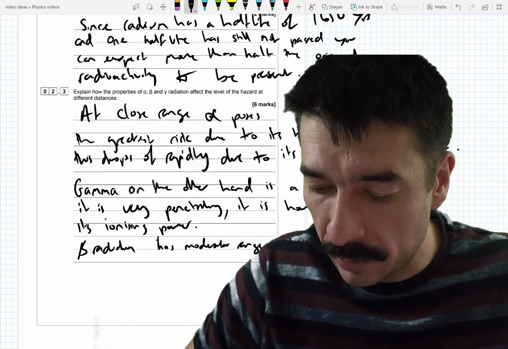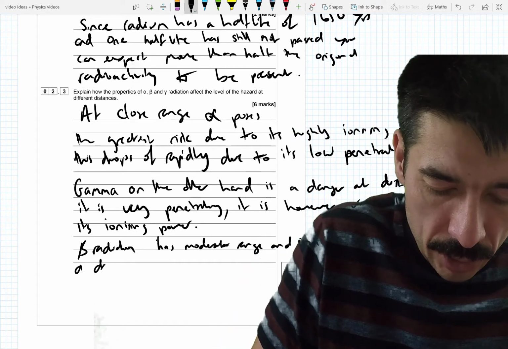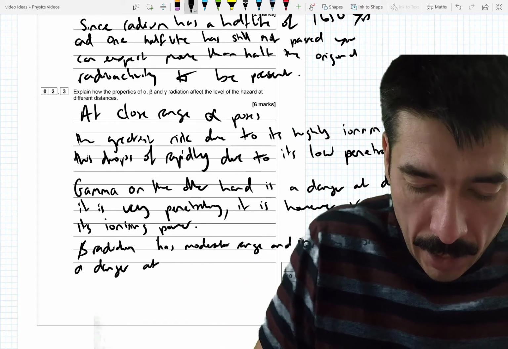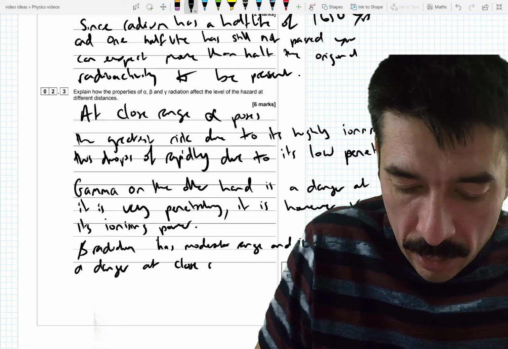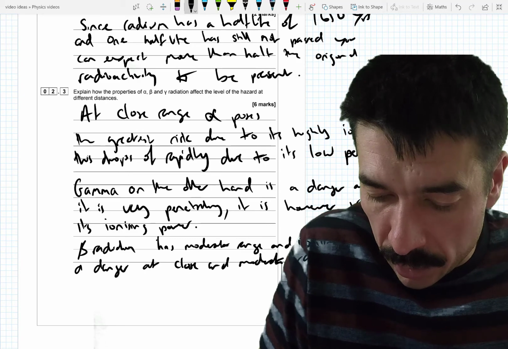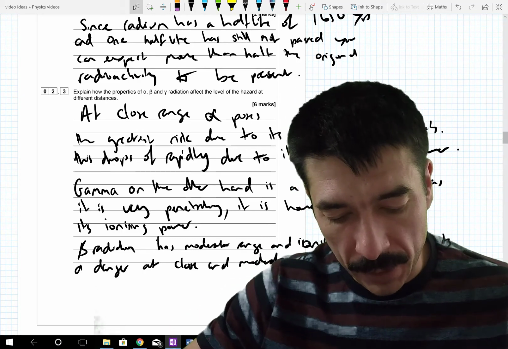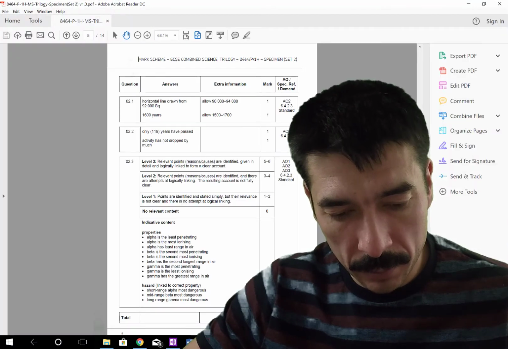Therefore, it's a danger at close and moderate range. Okay, so we'll check the mark scheme and see if I've said anything too stupid.